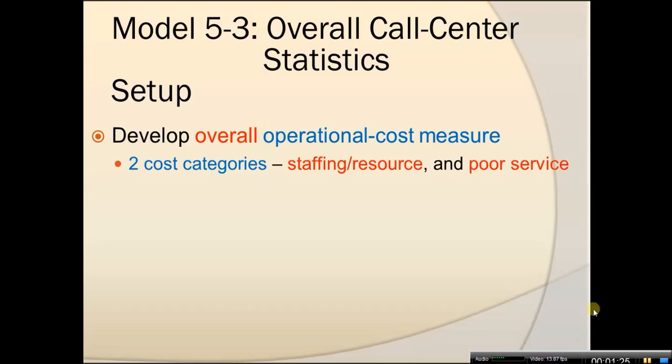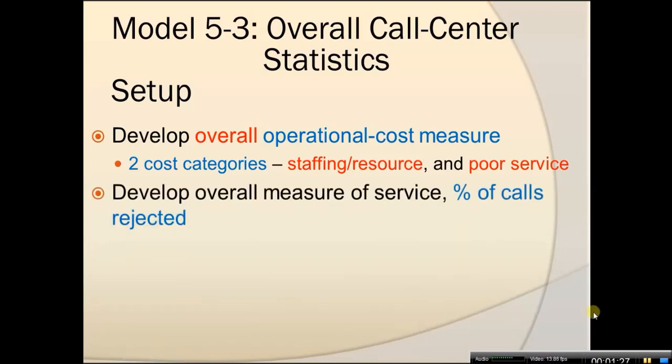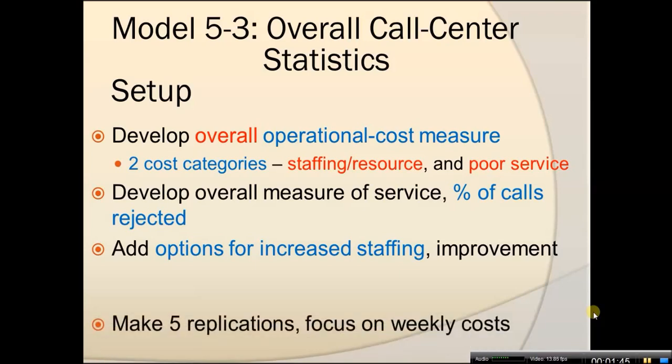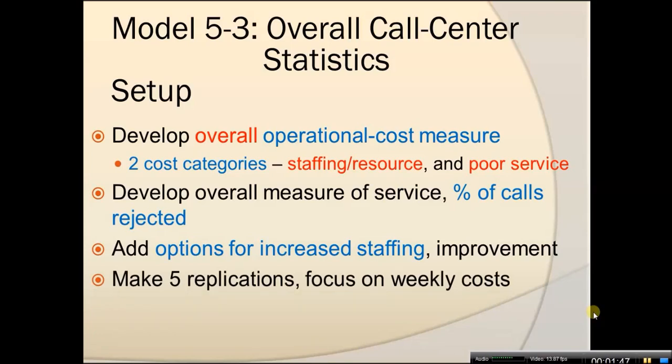And so we're going to develop this overall measure of service, which will include the percentage of the calls rejected, and we also will add options so that we can increase staffing and improve the service through increased staffing.